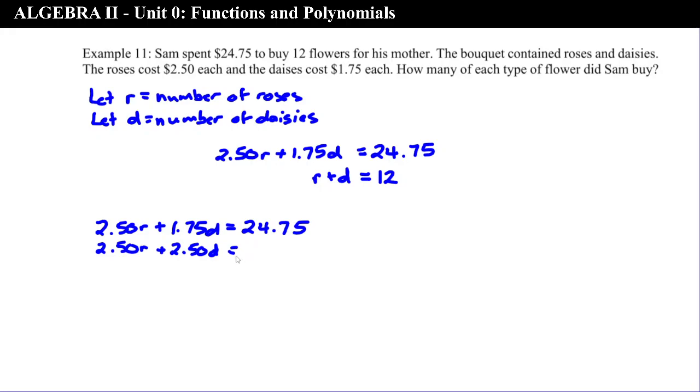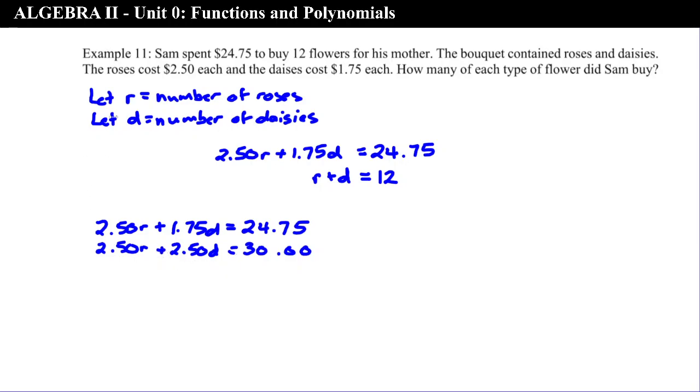Well, we know that 12 times 2 is 24, and we know that 12 times 0.5 is 6, so 24 plus 6 equals 30. And if you need to use a calculator for that, you can as well.